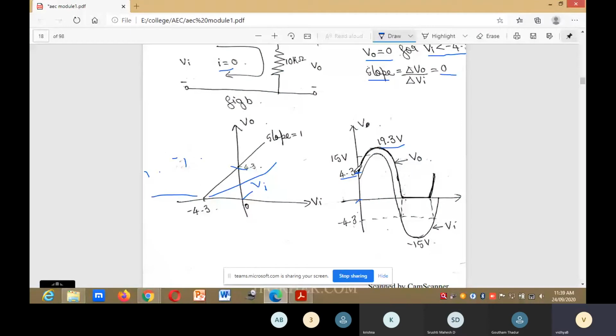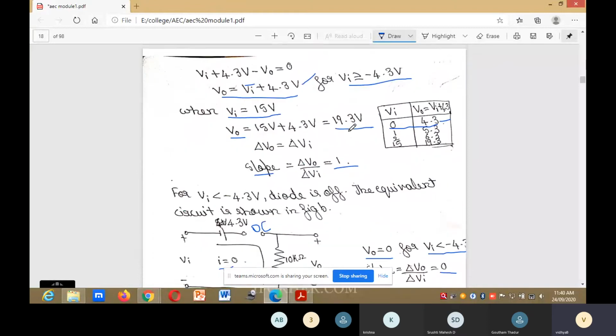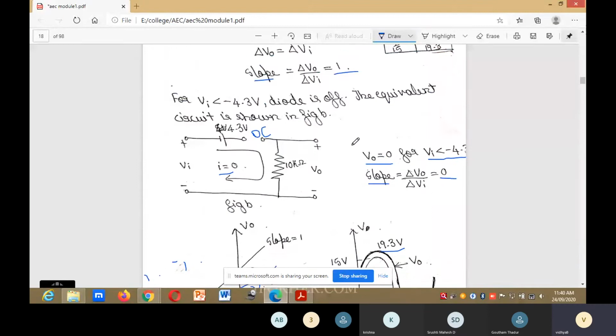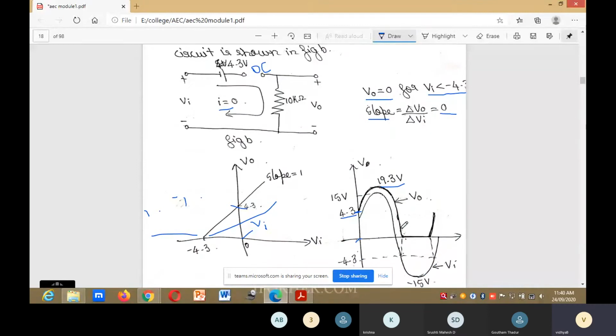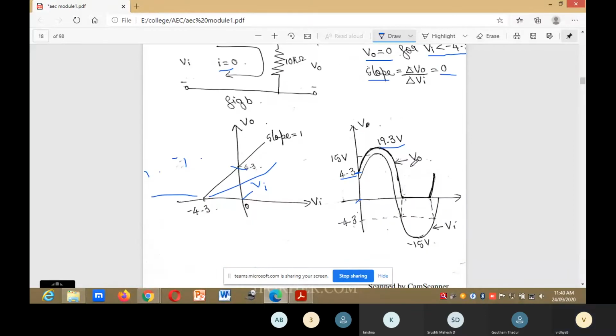Next, when Vi is greater than minus 4.3, output is equal to input. You will get the same as it is. Again, when Vi is less than 4.3, you will get this one.